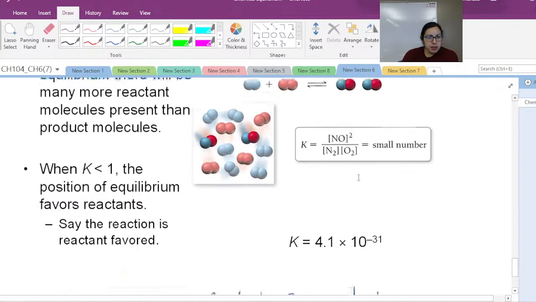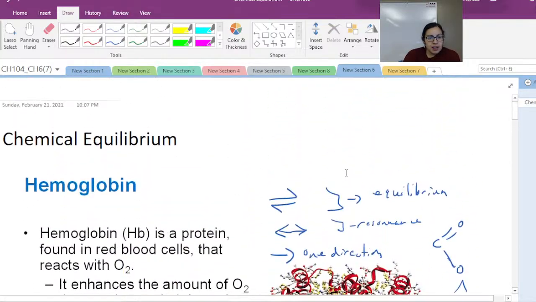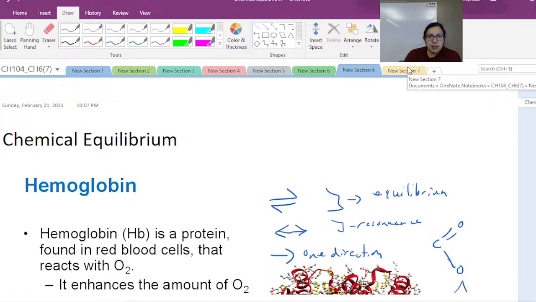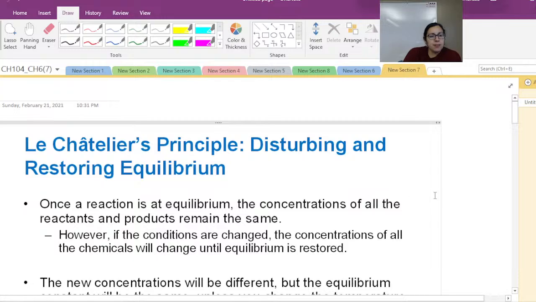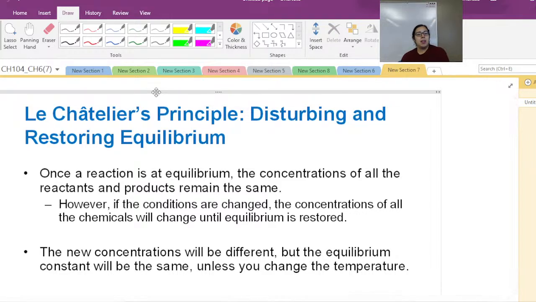And so then we want to be able to take these thoughts with equilibrium and take it a little step further. And it sounds fancy, but if you just think through it, it makes sense. So it's saying basically what happens when we disturb our equilibrium.